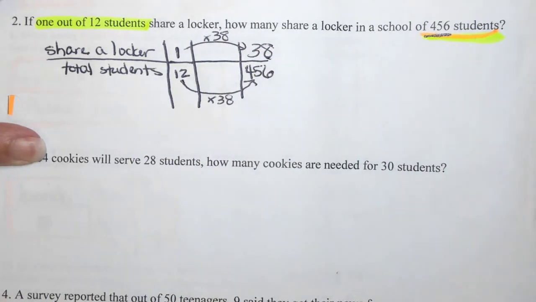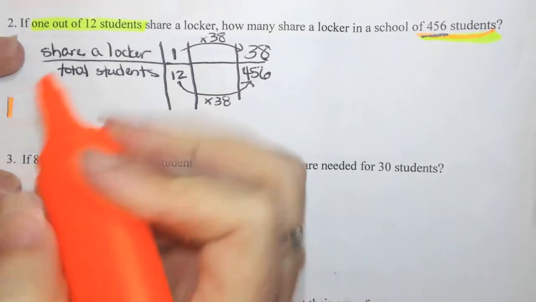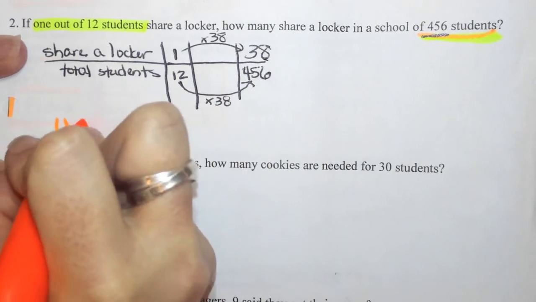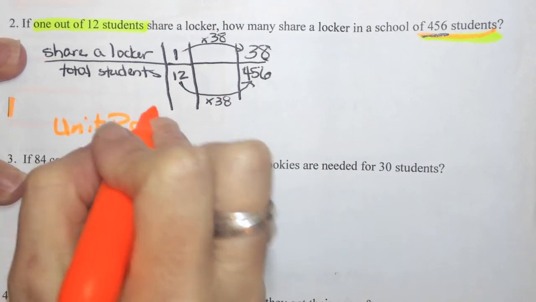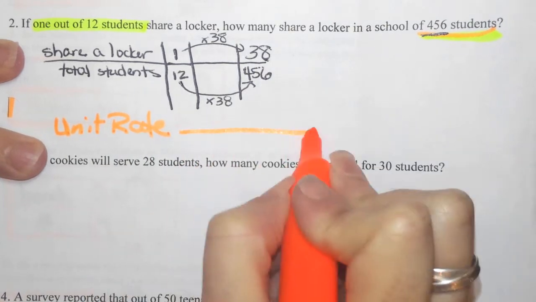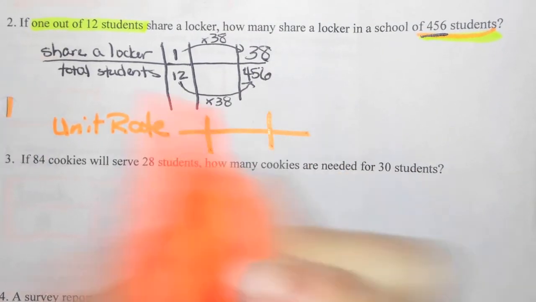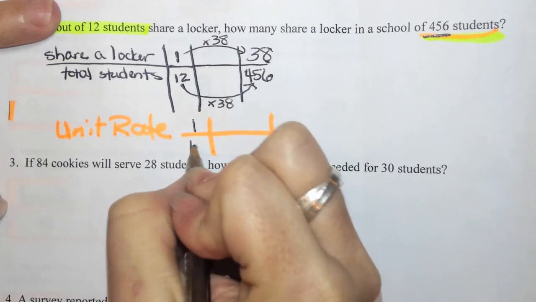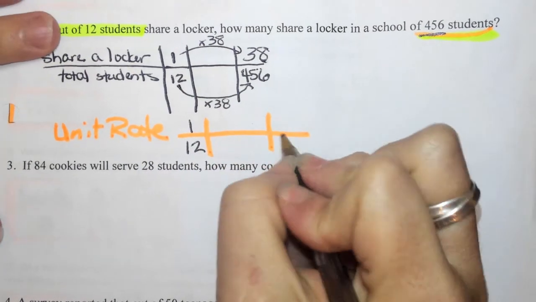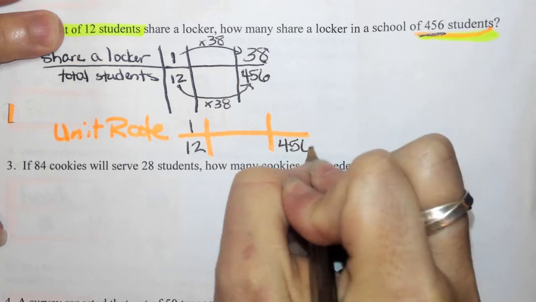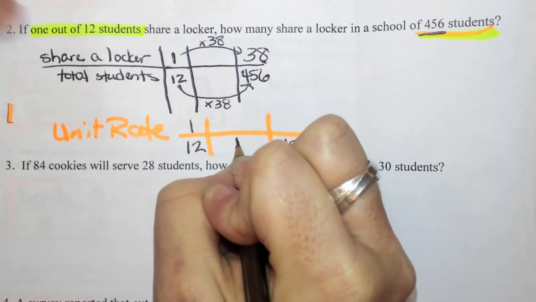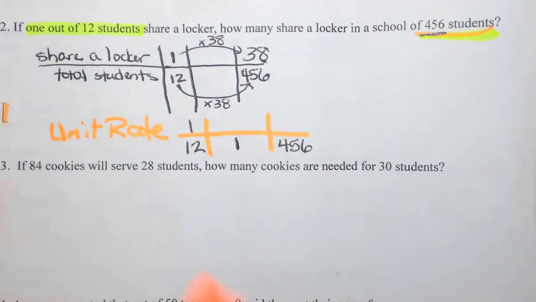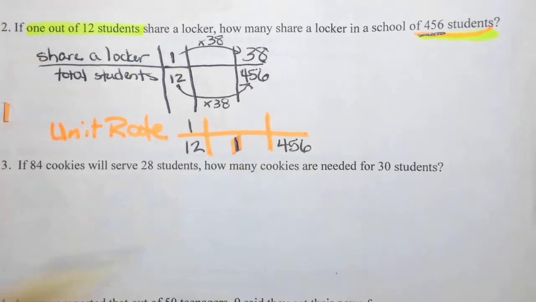Now, the other way is going to be weird, but it will work. And I'm just going to write it right here. I'm going to do it right below it. If you wanted to do unit rate, okay, so if you're wanting unit rate, what you're going to have to do, and this is the hard part, you're going to have to get 1 down here.